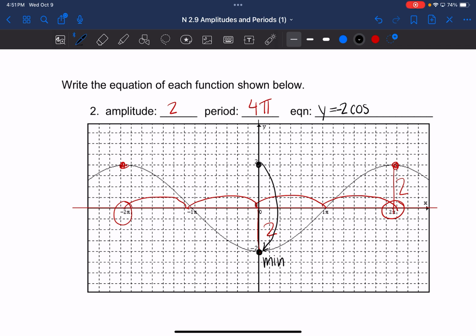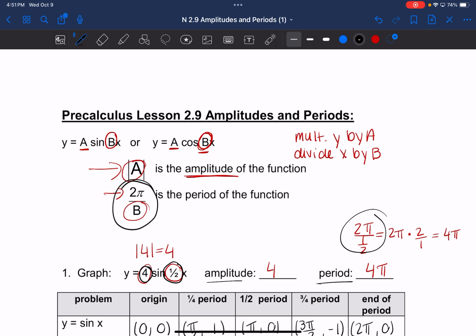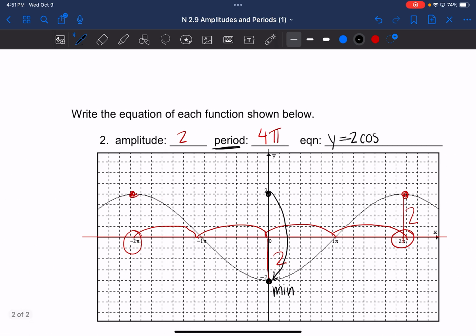Now I know the period, but I don't know my b value, which is what's supposed to go after cosine. But according to this information here, we find our period by having 2 pi over b. So 2 pi over b should equal the period, which we found to be 4 pi. And I'm just going to solve for b. So I'd want to get b out of the bottom of my fraction by multiplying both sides by b.